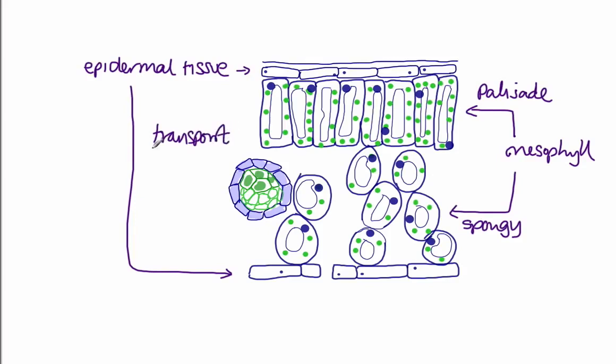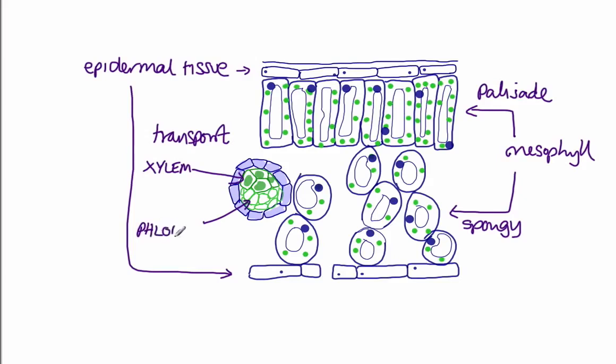Now the other type of tissue that we have over here is I suppose for transportation. We don't call it transport tissue, but the job of this tissue is transportation, and there's two types. There's one called xylem and another type called phloem.